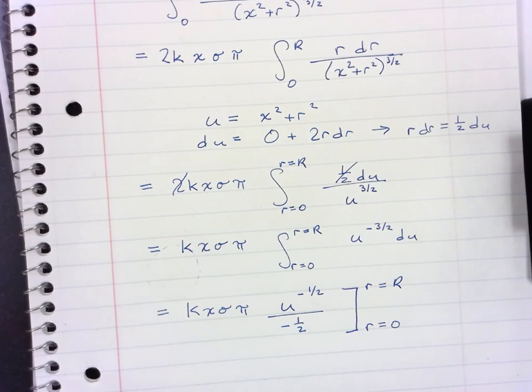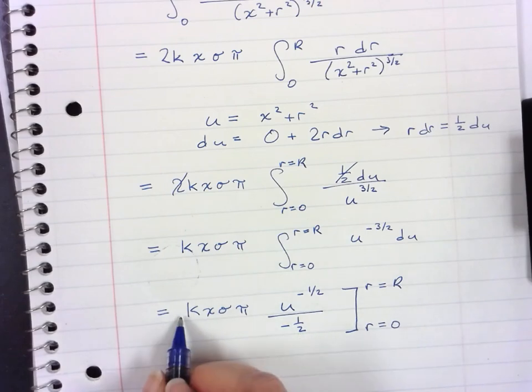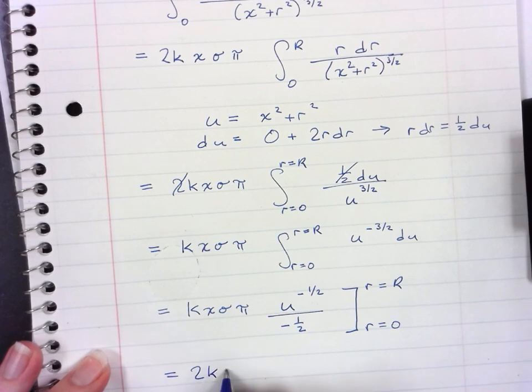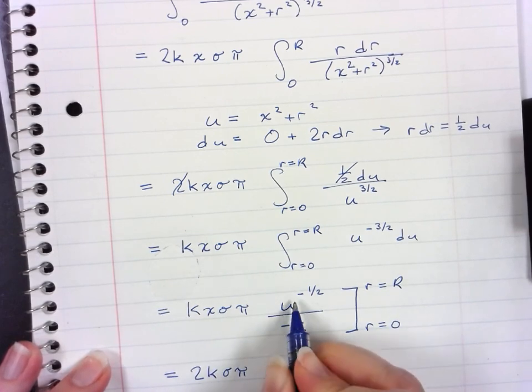So flipping this over, I'm going to pull the 2 out here because it's divided by negative 1/2. So this is 2k sigma pi. And I'm going to leave this negative with this.